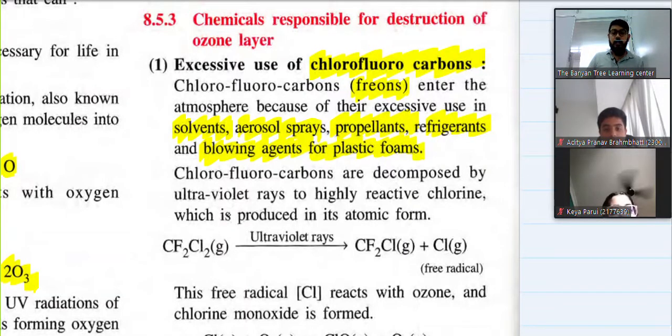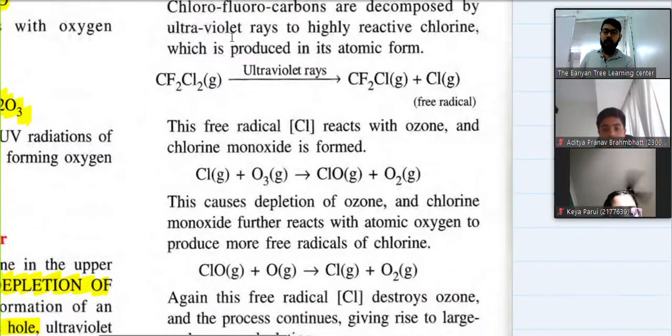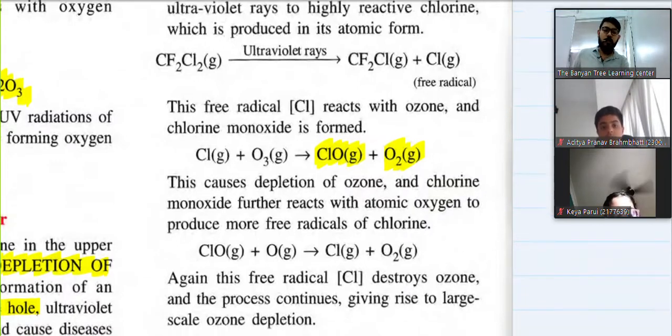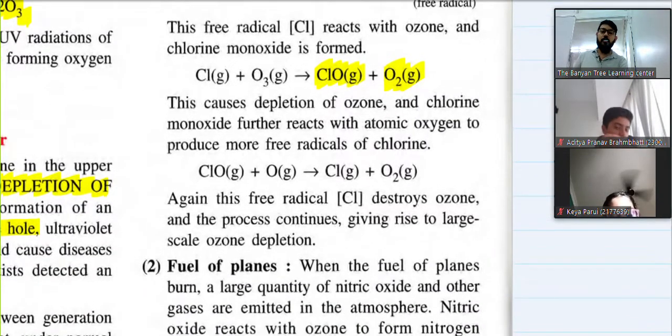They are decomposed by UV rays to highly reactive chlorine, which is produced in its atomic form. This free radical of chlorine reacts with ozone to form chlorine monoxide and oxygen gas. So ozone is being used up, combining with chlorine, and chlorine is depleting it.